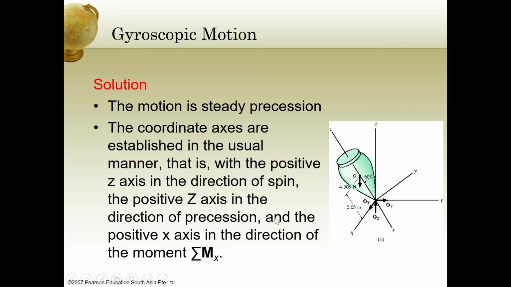So the rotation of the nutation is about the x-axis. This 90 degree is about the x-axis. So the moment is also in the direction of the x-axis.